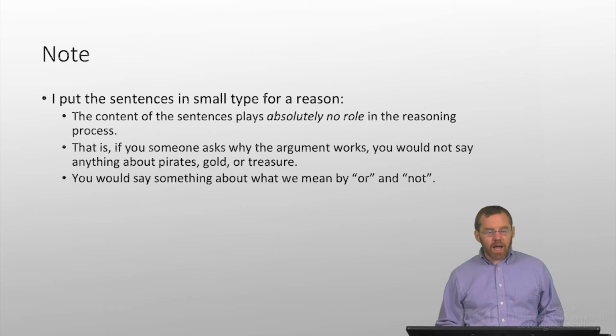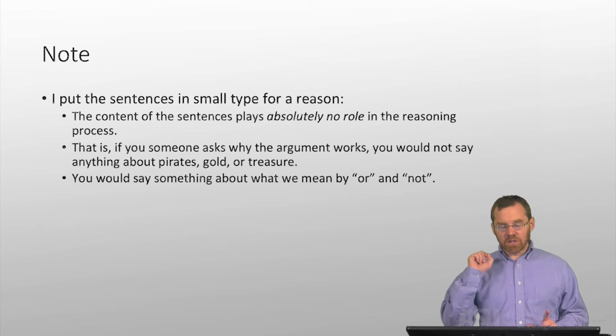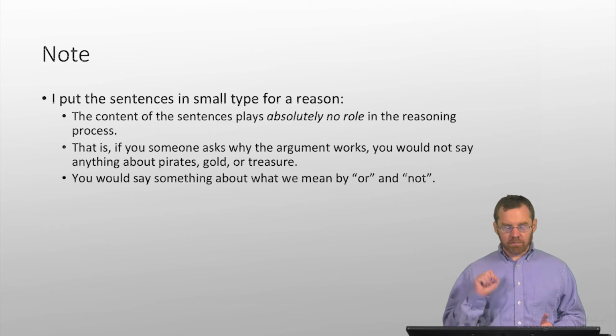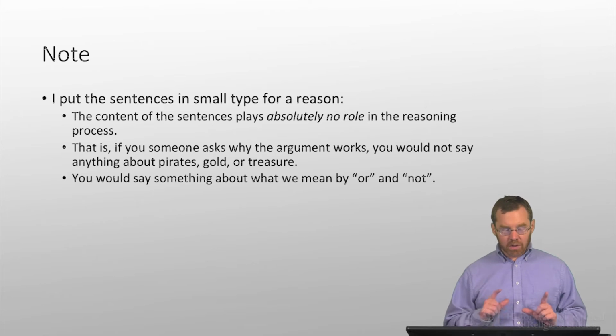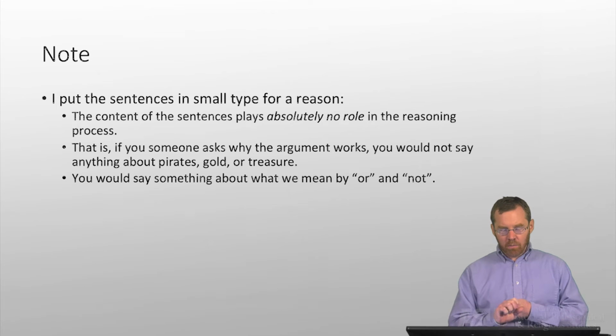Now note, I put the sentences themselves in small type for a reason. The content of those sentences plays absolutely no role in the reasoning process. That is, if someone asks you why the argument works, you would not say anything about pirates, gold, or treasure. You would say something about what we mean by "or" and "not."